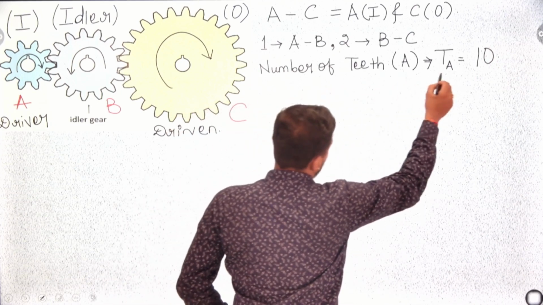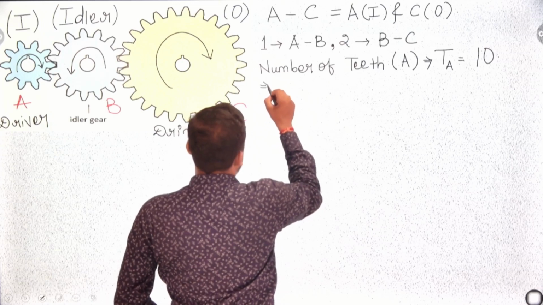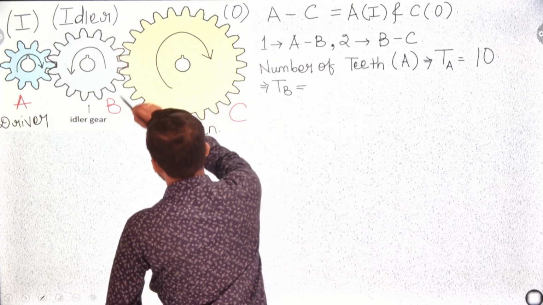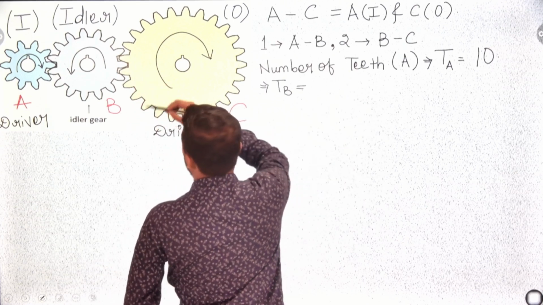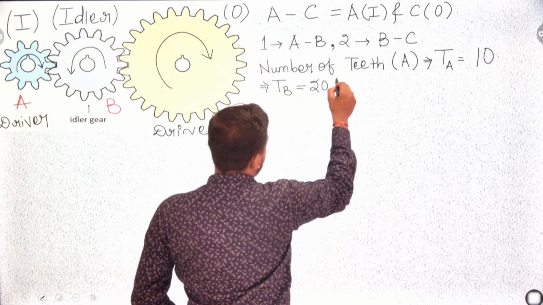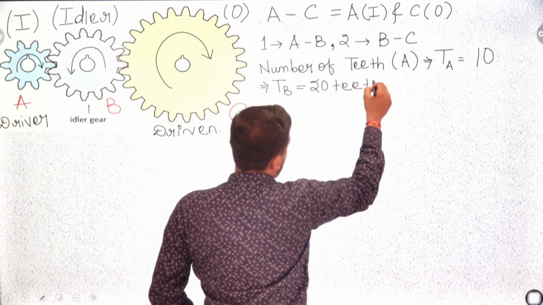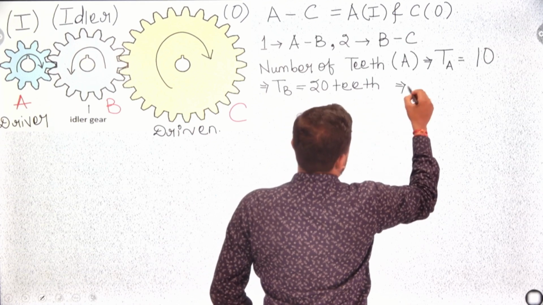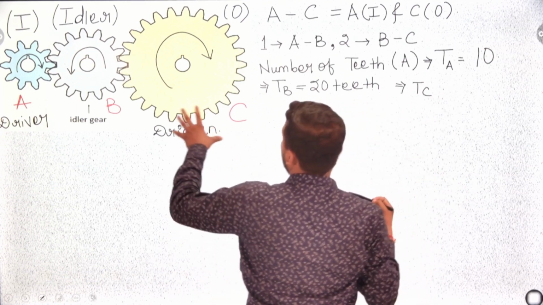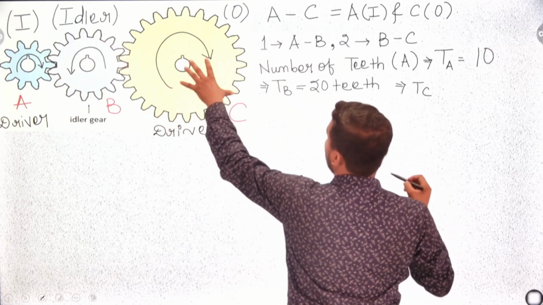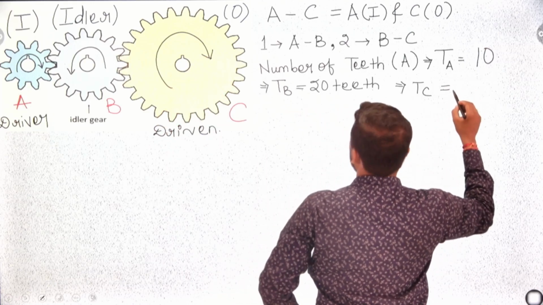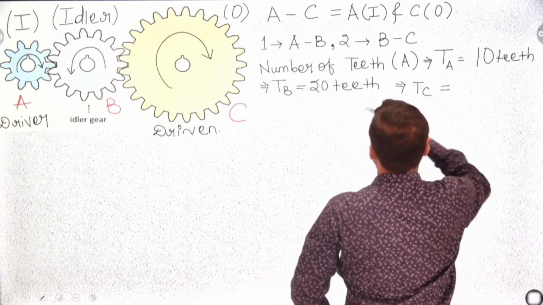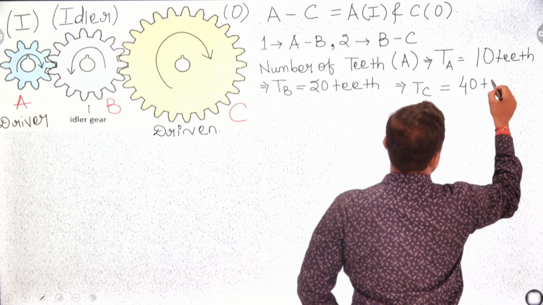Similarly, the number of teeth of TB, the idler gear B, let's take just double of it, that is 20 teeth. And TC is the driven or output gear. This one is bigger in size, so let's take it as 40 teeth. So 10 teeth, 20 teeth, and 40 teeth. Okay, over.